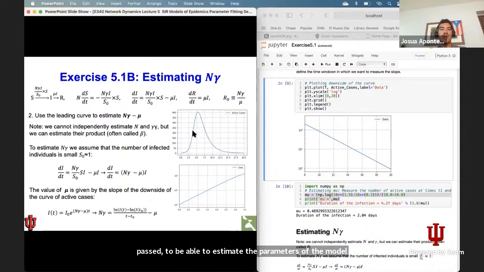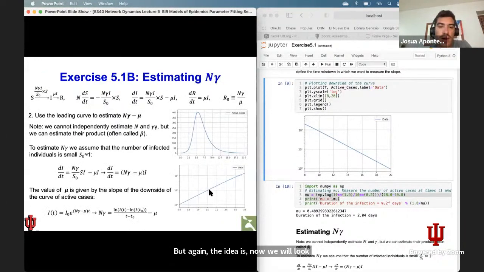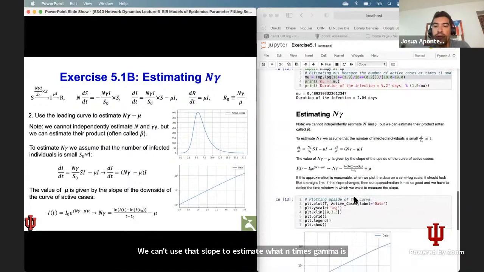There's no way you can estimate all of the parameters just from the leading edge. But the idea is, if we look at the leading part of the curve, we can use that slope to estimate what n times gamma is if we know the value of mu.